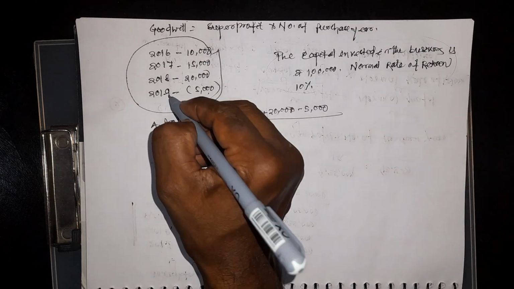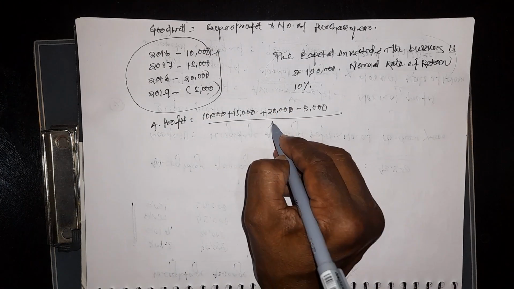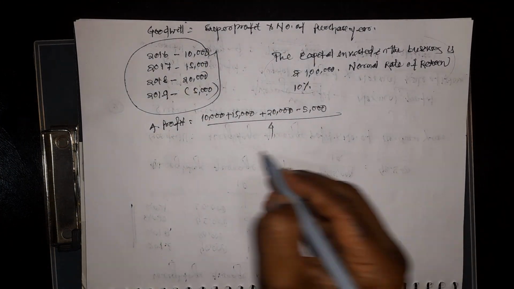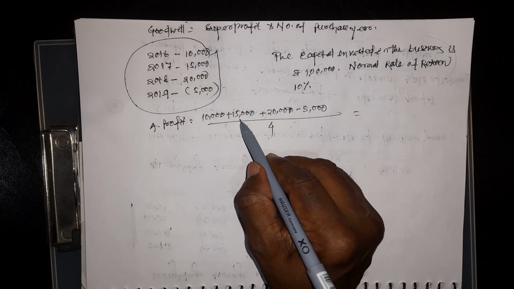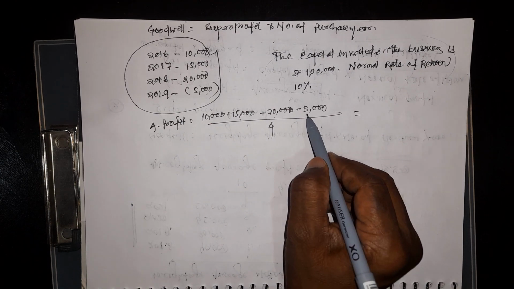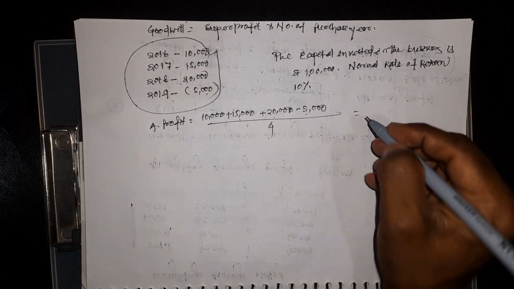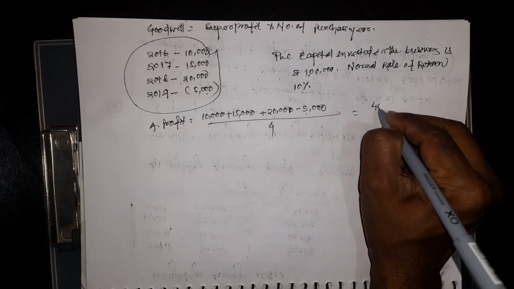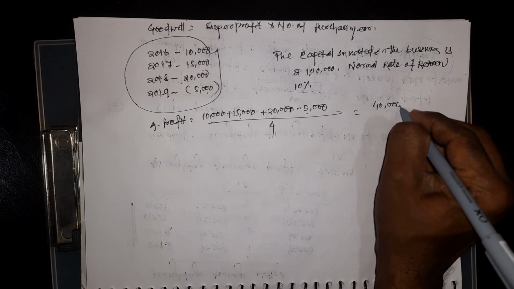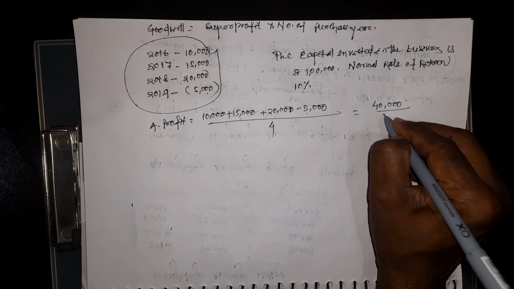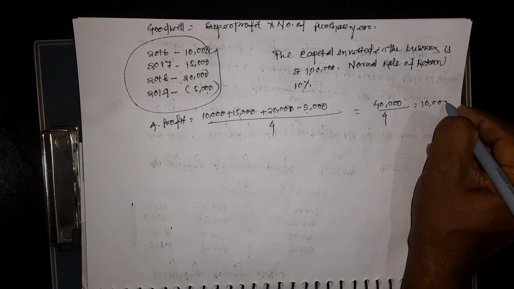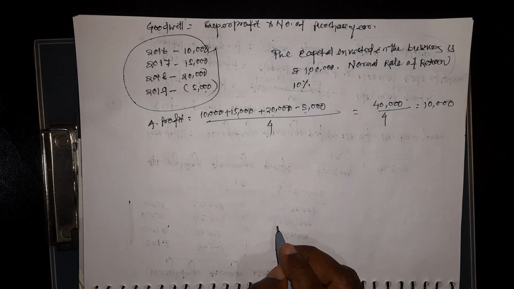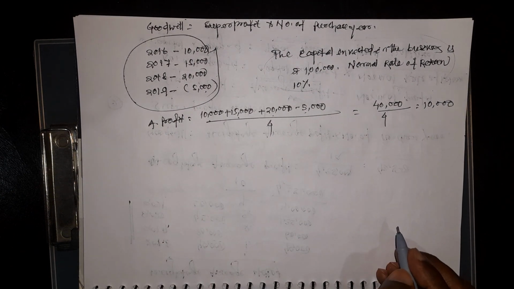Divided by the number of years, 1, 2, 3, 4, so we divide by 4. It will be 25, 45, 45 minus 5 is 40, so 40,000 divided by 4 is 10,000. Clear? So that is the average profit.